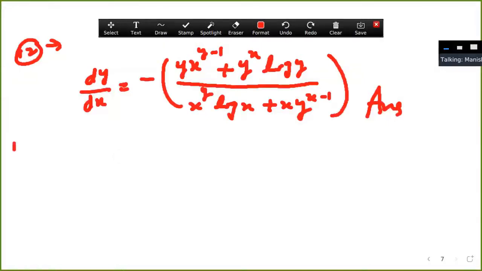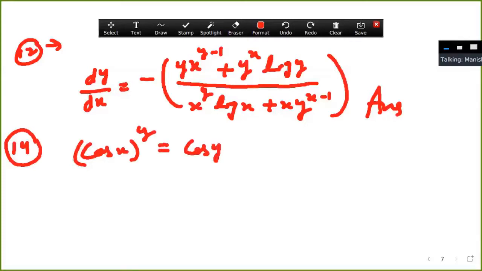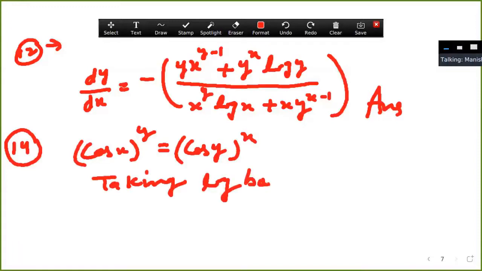Now in question number 14, I will just give you a hint: cos x to the power y is equal to cos y to the power x. Now you can take log, taking log both sides.